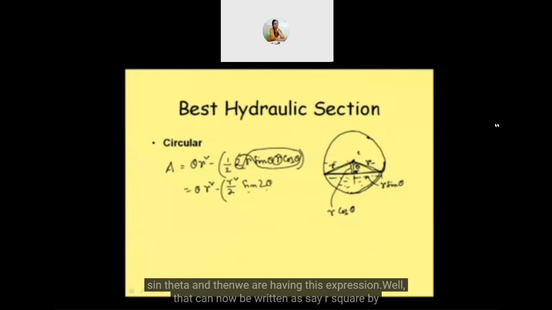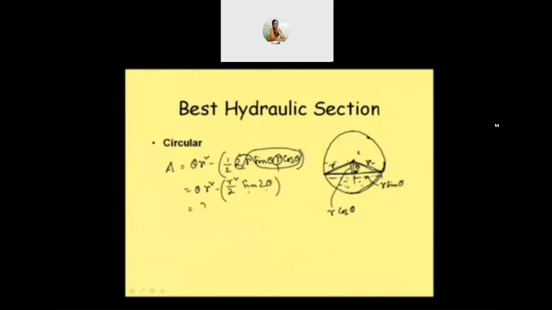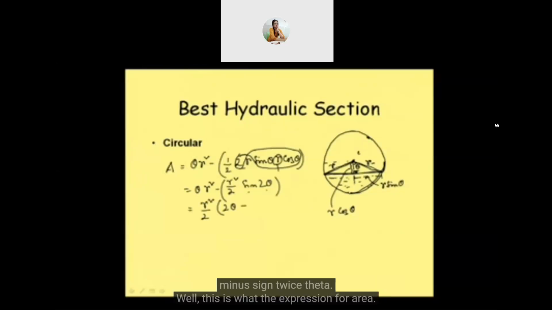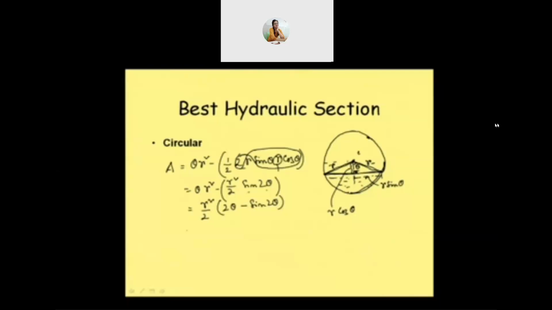Then that can be written as r square by 2 into twice theta minus sine twice theta. Well, this is the expression for area.